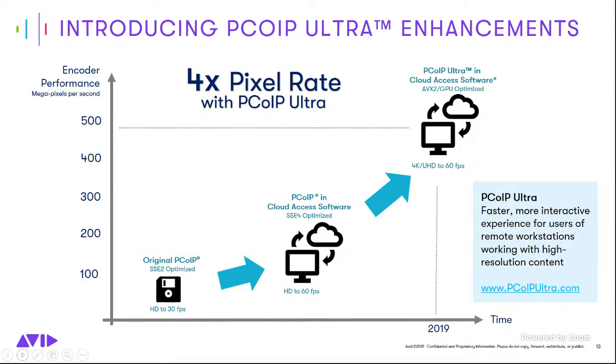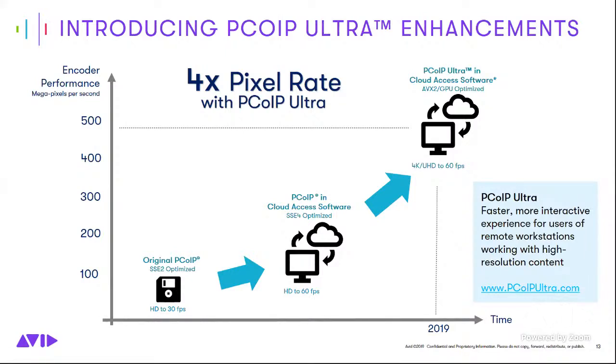Several years later, we moved it to a multi-threading architecture to support up to 60 frames per second, as our product was used in visual effects in these markets that demand higher frame rates. And then in 2019, we launched the PCoIP Ultra enhancements.